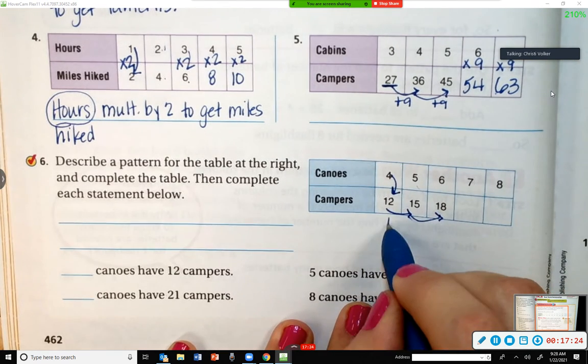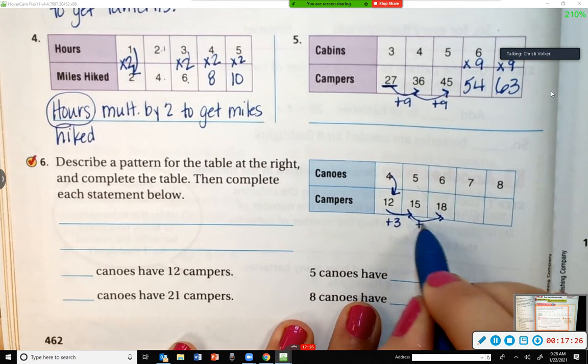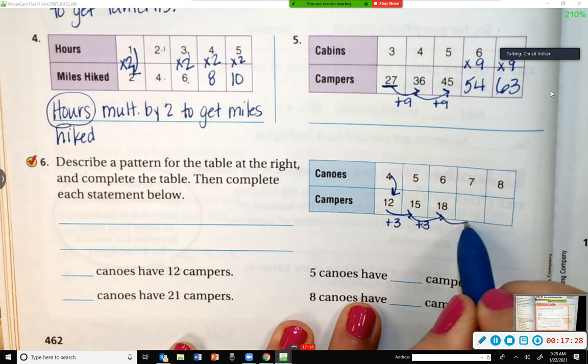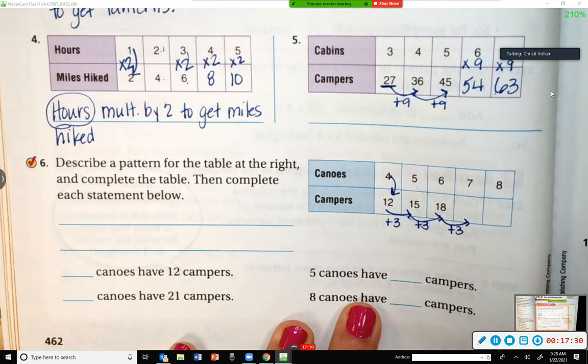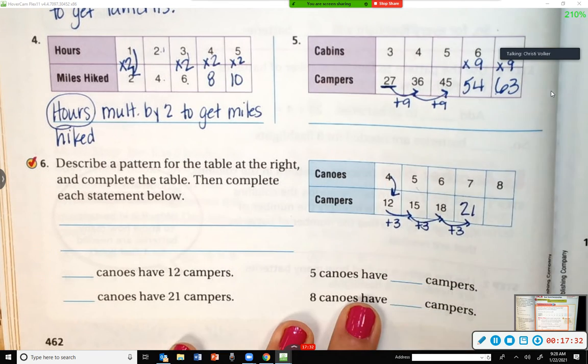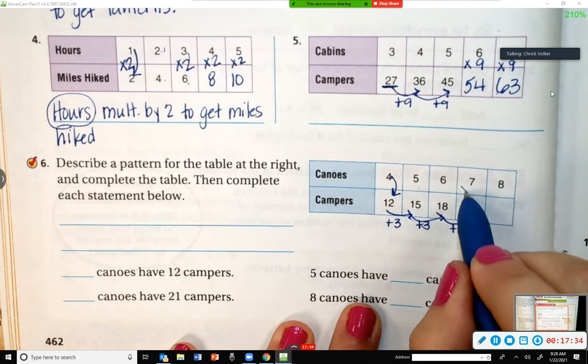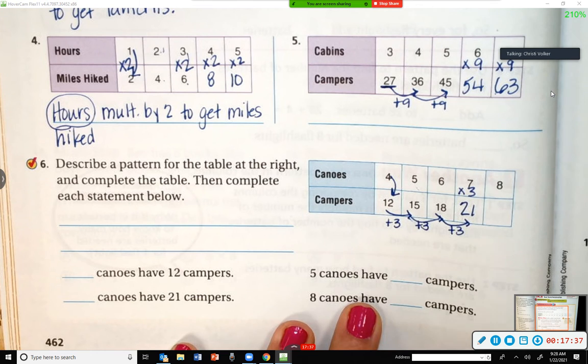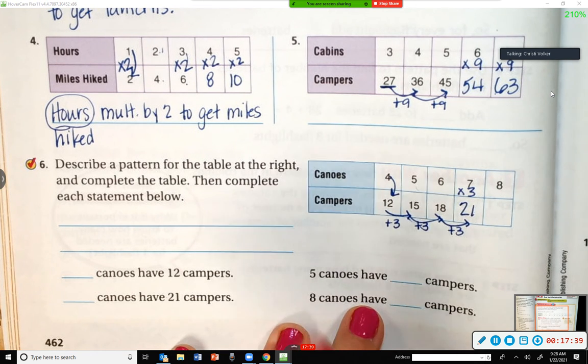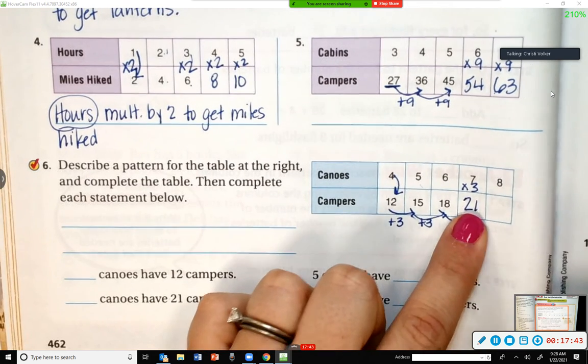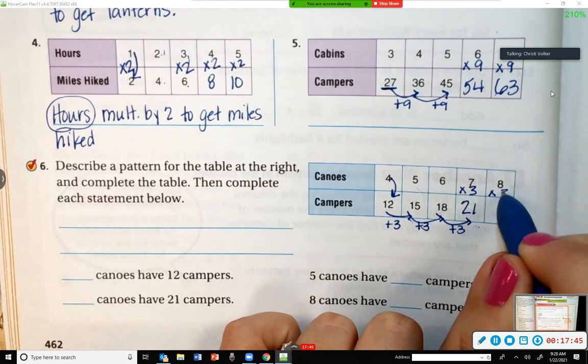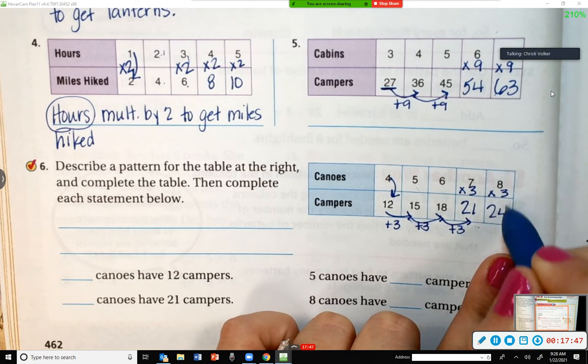12 plus 3 is 15. 15 plus 3 is 18. 18 plus 3 is 21. Now, would that work for multiplication too? Is 7 times 3 21? Hold on, listen to the question. Is 7 times 3 21? Yes. Is 8 times 3 24? Yes.